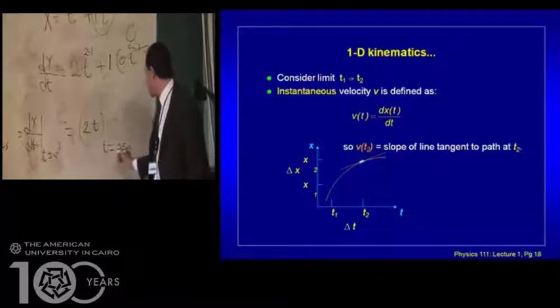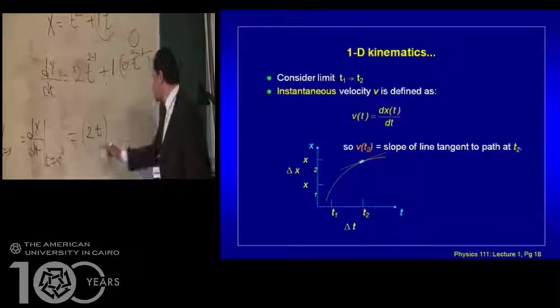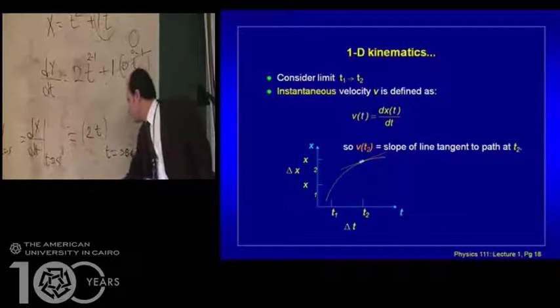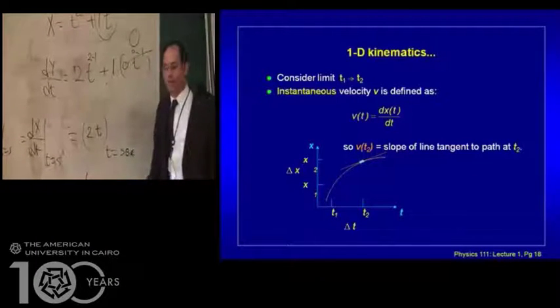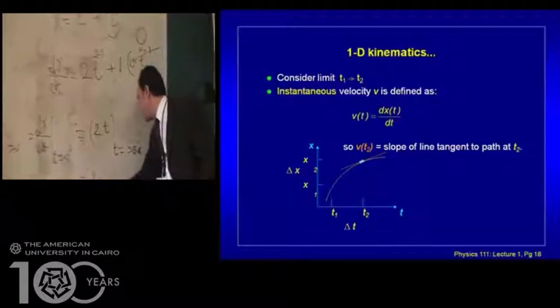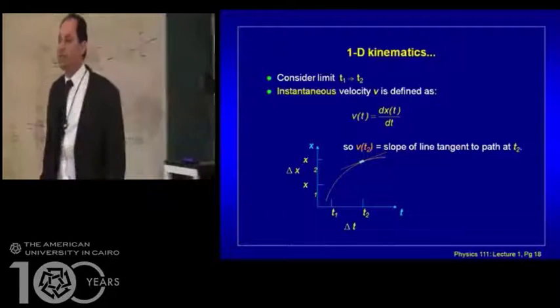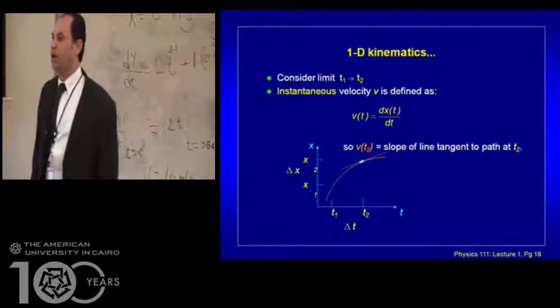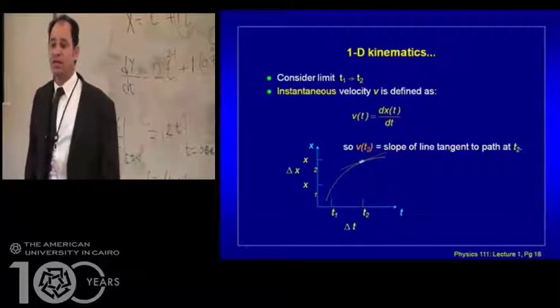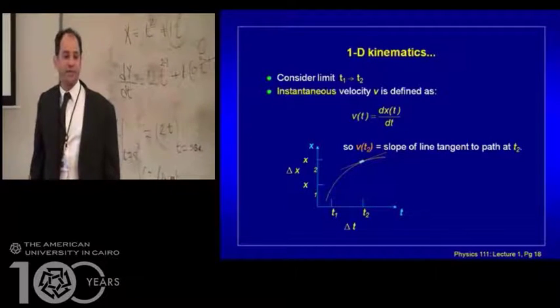Now replace t by 5. 10 meters per second. The velocity at time equal to 5 seconds equals 10 meters per second.